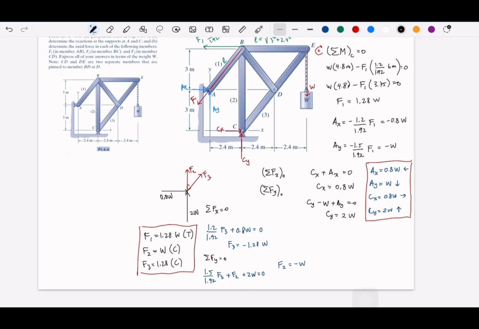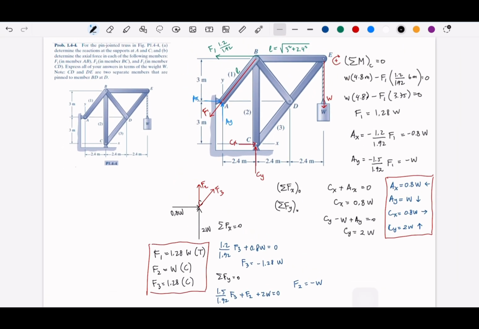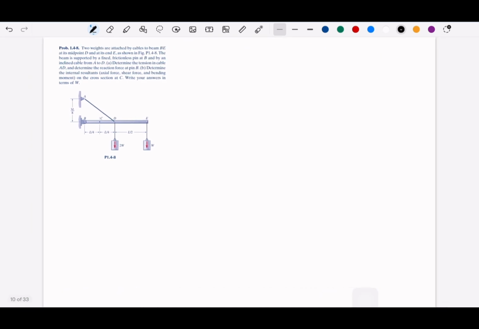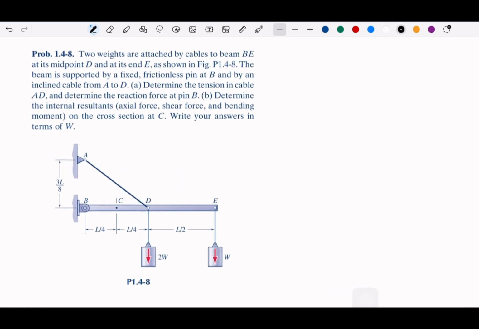Okay, so that's number one. And let's move to number two. Okay, so we have two weights attached by cables to the beam BE.